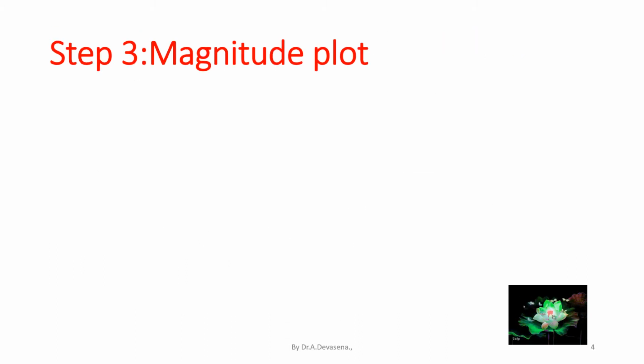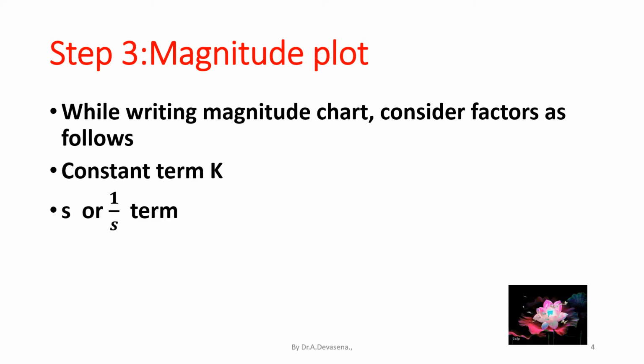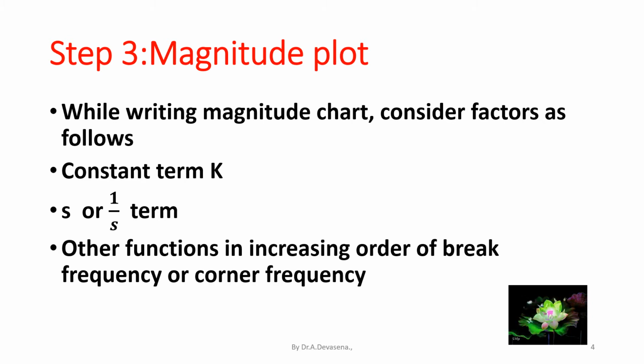Problem 1, step 3, magnitude plot. While writing the magnitude chart, consider the factors as follows: constant term K, s or 1 by s term, then other functions in increasing order of break frequency or corner frequency.